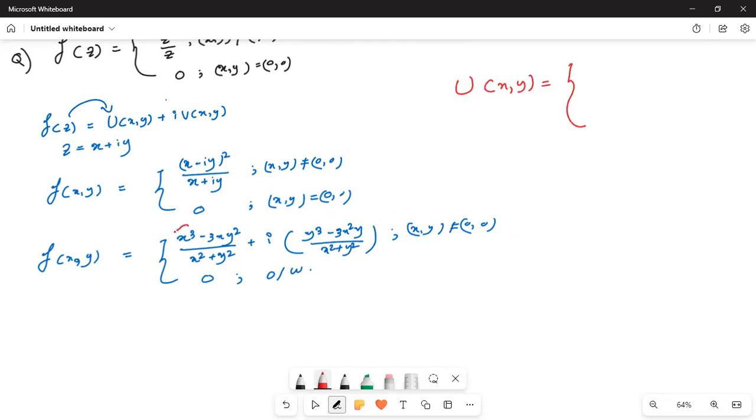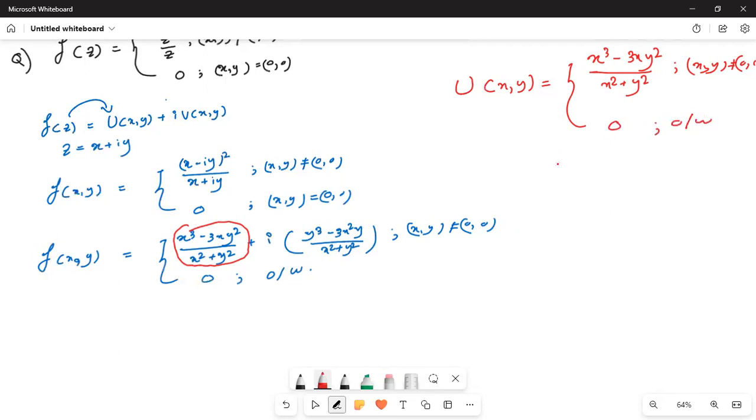This one is our real part of the function, which I call u(x, y). Simply, it is (x cubed minus 3xy squared) over (x squared plus y squared), where (x, y) is not equal to (0, 0). Otherwise, it is 0.